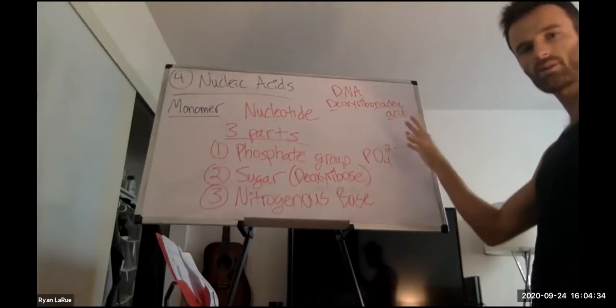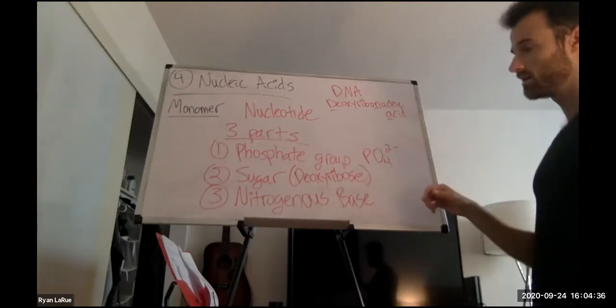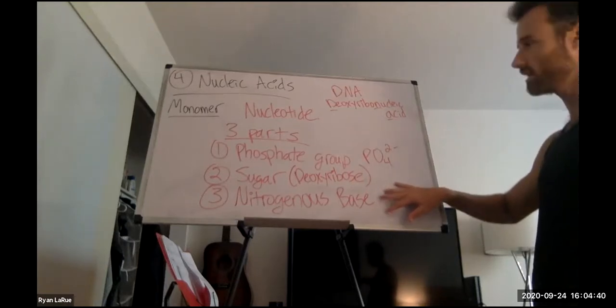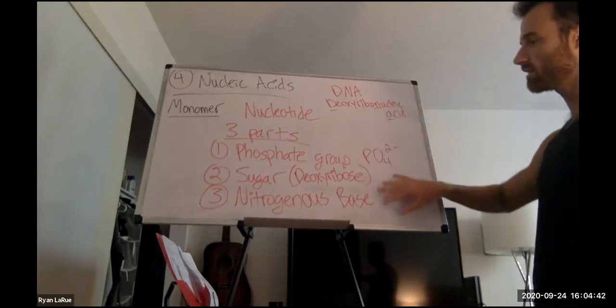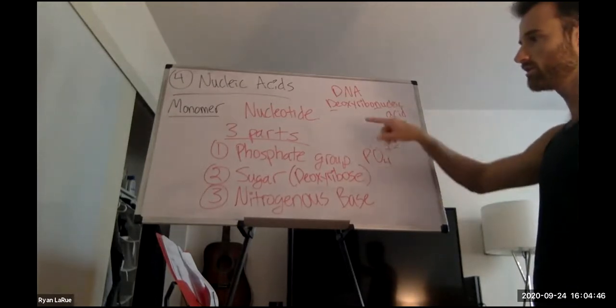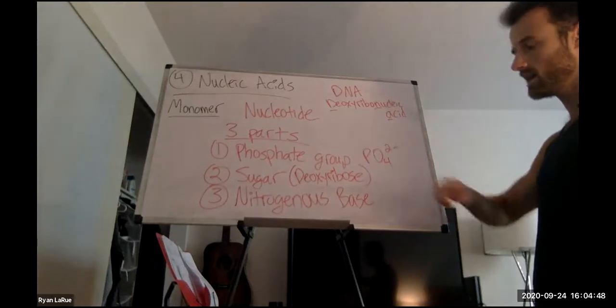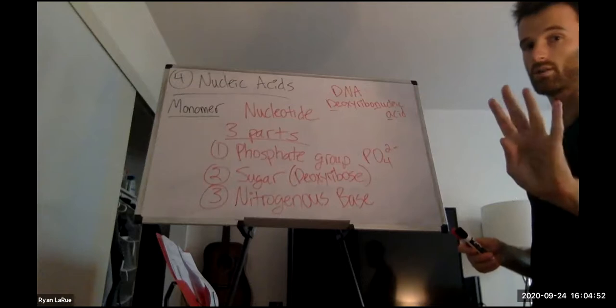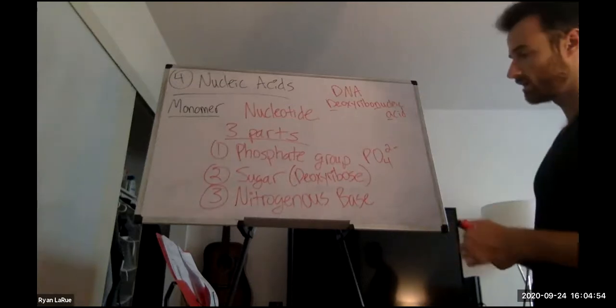For other nucleic acid polymers like RNA, your options are slightly different, but for DNA, that's a good one to start with. You have a deoxyribose sugar in your nucleotides, and you have 4 options for your nitrogenous base. You choose one for each nucleotide.